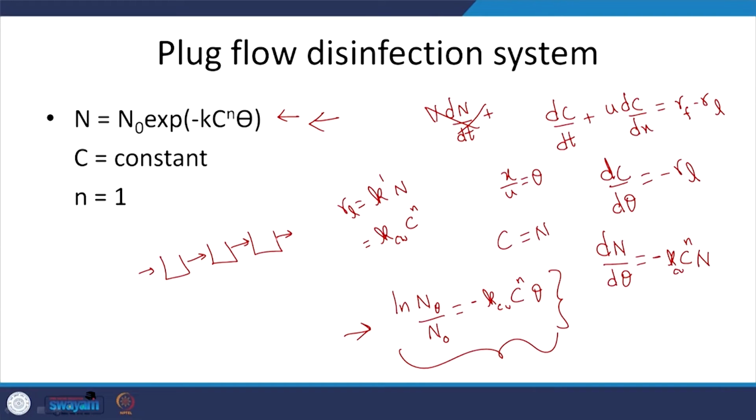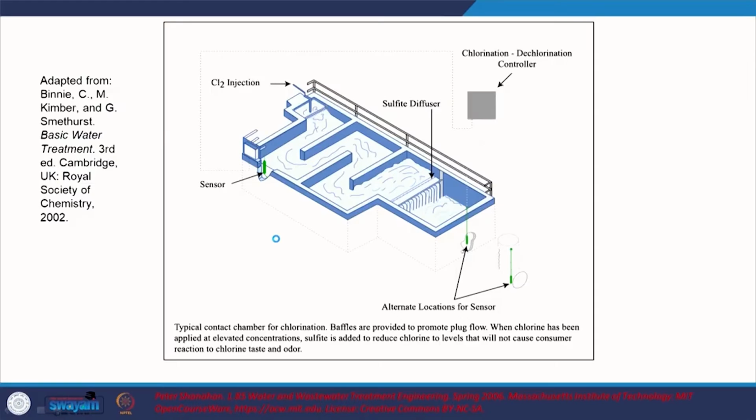Because if I am trying to bubble through ozone, which is a strong oxidizing agent that can degrade the cell walls and thus lead to disinfection, the system will typically behave like a CSTR. So, to approximate or achieve a plug flow reactor system, I will have it in series, or there are different ways to go about it, with baffle walls and such too. So, that is one aspect to keep in mind.